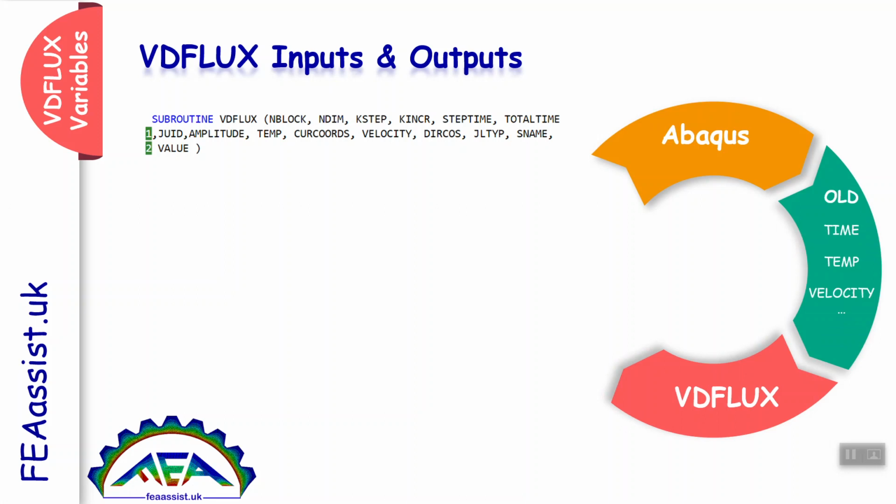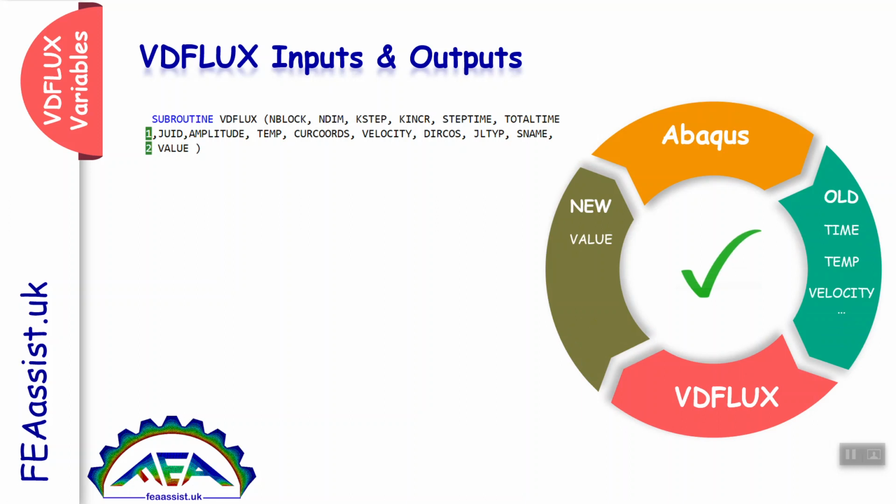In VDFlux, we need to get these variables and recompute the value, which is the flux. So the value, or flux, is transferred to Abaqus. Abaqus will use this value to recompute the time, temperature, velocity, and other variables. This is how Abaqus and VDFlux interact with each other, which is necessary to understand if you want to write a good VDFlux. For example, value here, as I said, is the amount of the flux that you need to define in your subroutine based on your formulation.